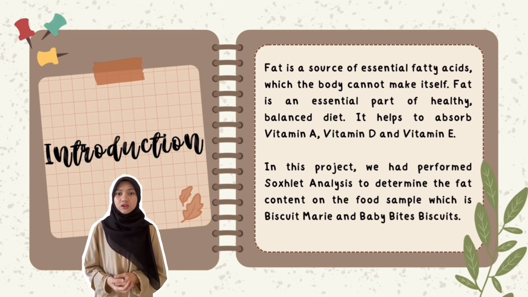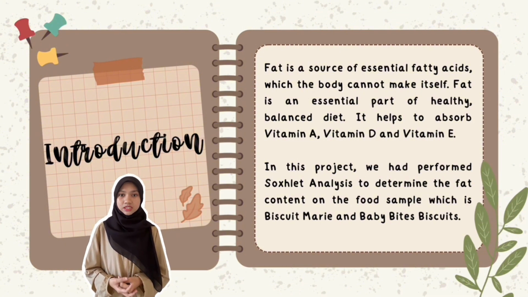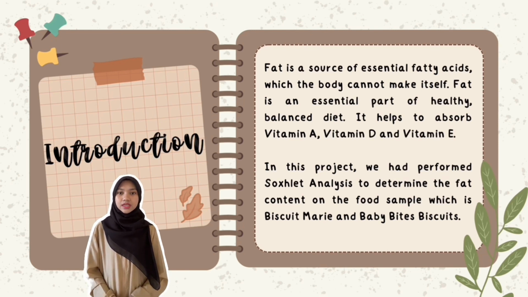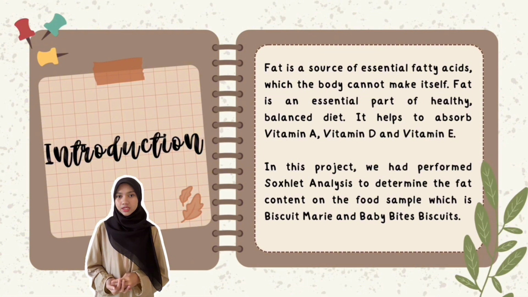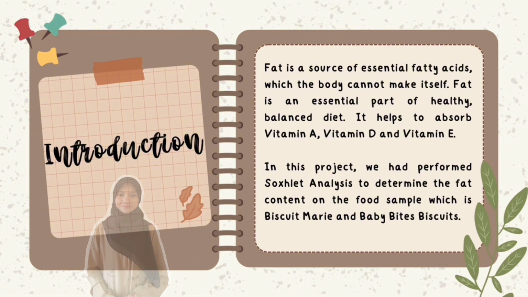Saturated fat is not good for us because it will increase the risk of heart disease and stroke if we take it too much. In this project, we use SOXHLET analysis to determine the fat content of the food samples, which are Biscuit Mary and Baby Bites Biscuit.